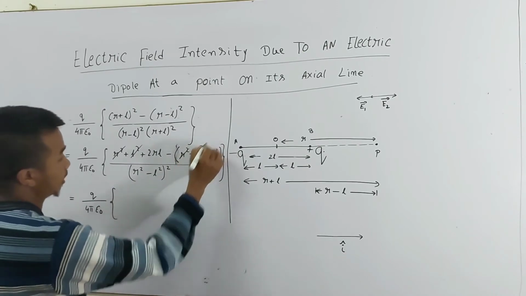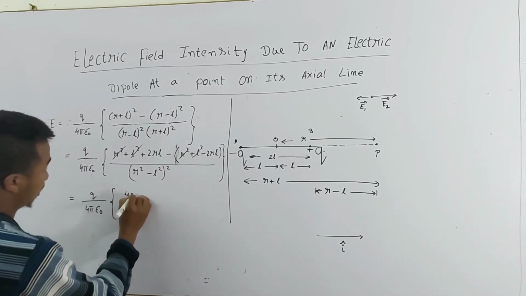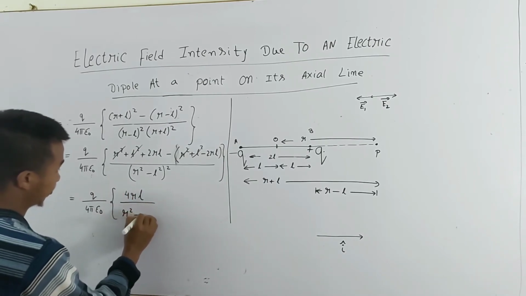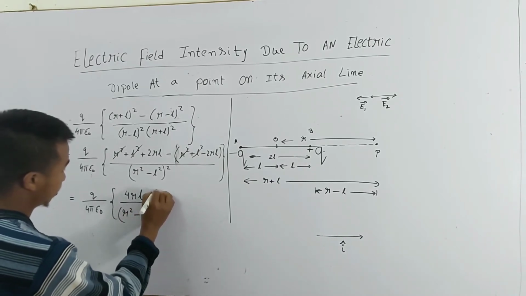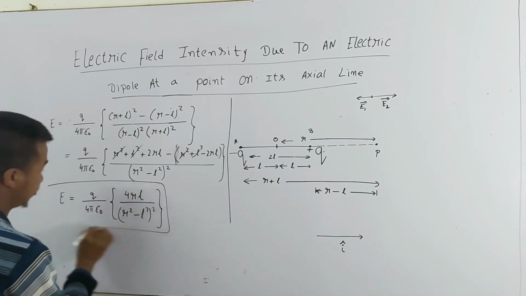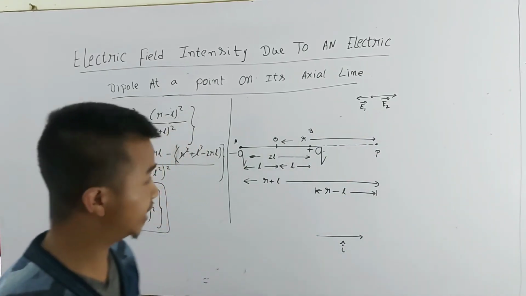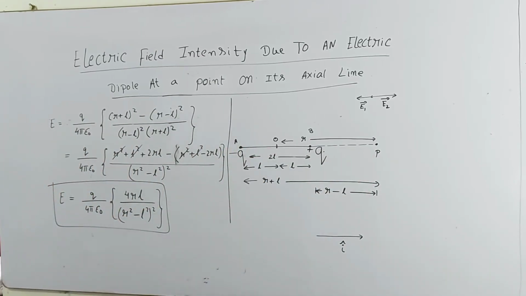Similarly this one will get cancelled, so we will remain with 4RL divided by (R square minus L square) whole square. So this is E. This is the magnitude of the electric field intensity at P due to an electric dipole.